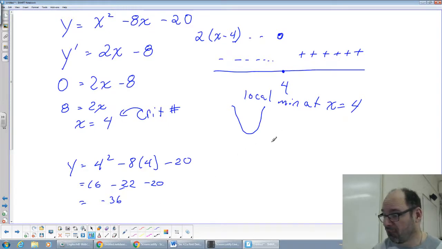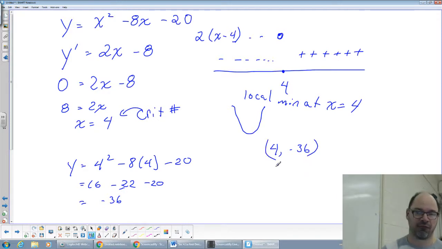So we have a local minimum at (4, -36). That would be our vertex point. So now you can find vertex points of quadratics without factoring those. If you know how to do the derivative, you can just simply factor the derivative, which is pretty much easier. So that's an example of critical numbers and critical points.